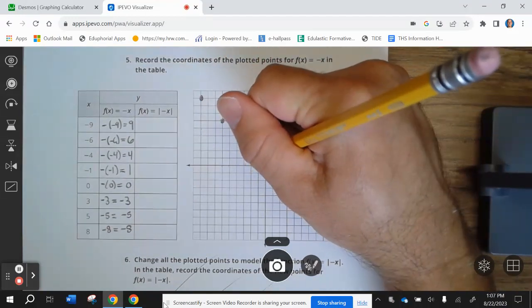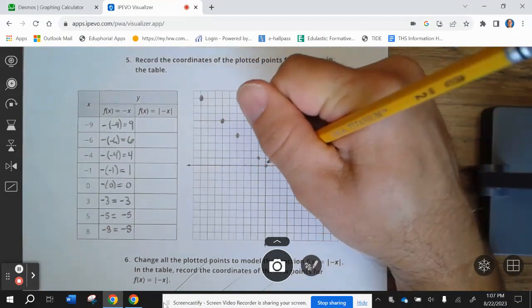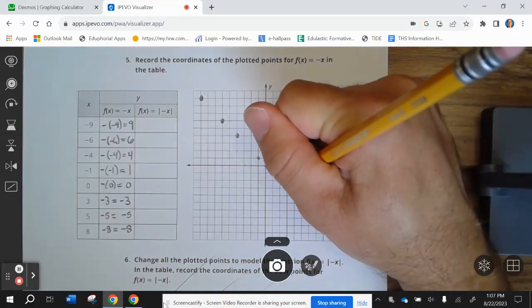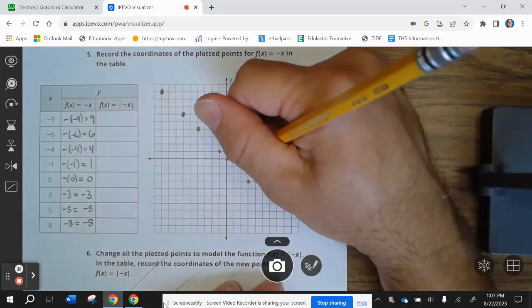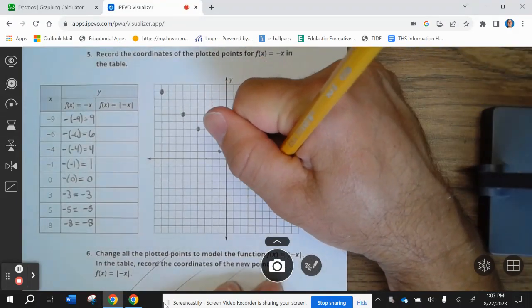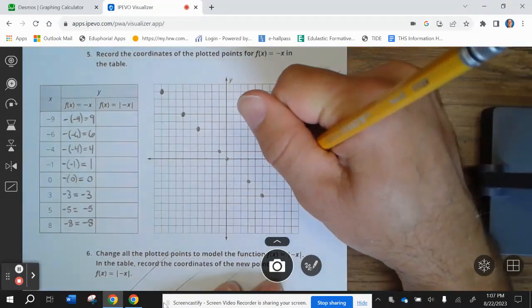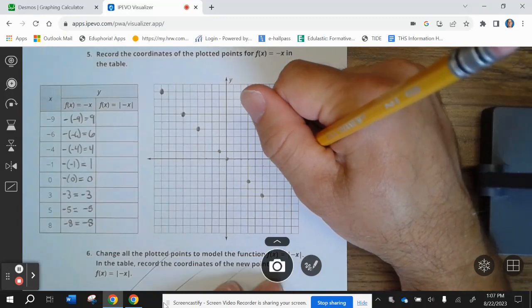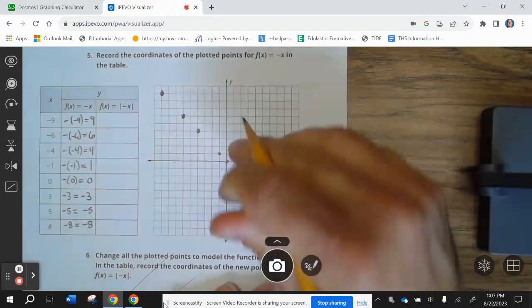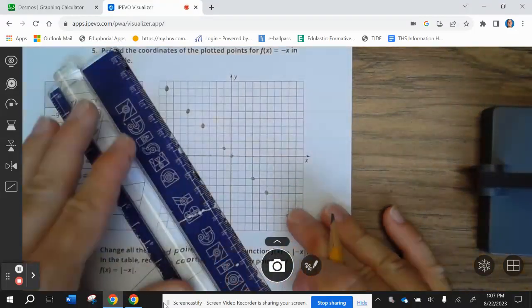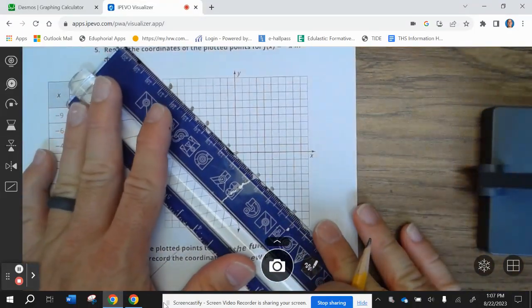Negative 1, 1. 0, 0. 3, negative 3. 5, negative 5. And 8, negative 8. All right, there's that graph.